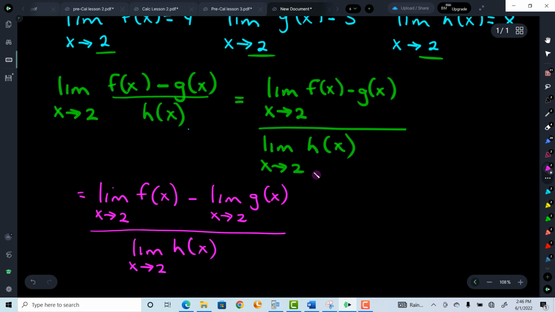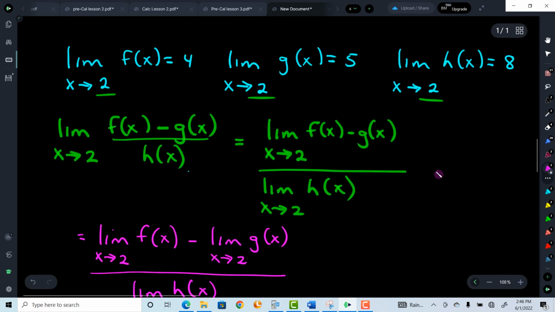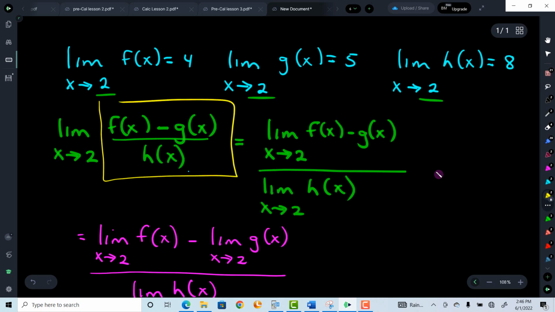Right? Now, it feels like we're doing a lot of work that we shouldn't do, because you can kind of look at this, right? You're looking at this and you're saying, well, gee, just substitute these values. Yes, we will end up with the same answer.